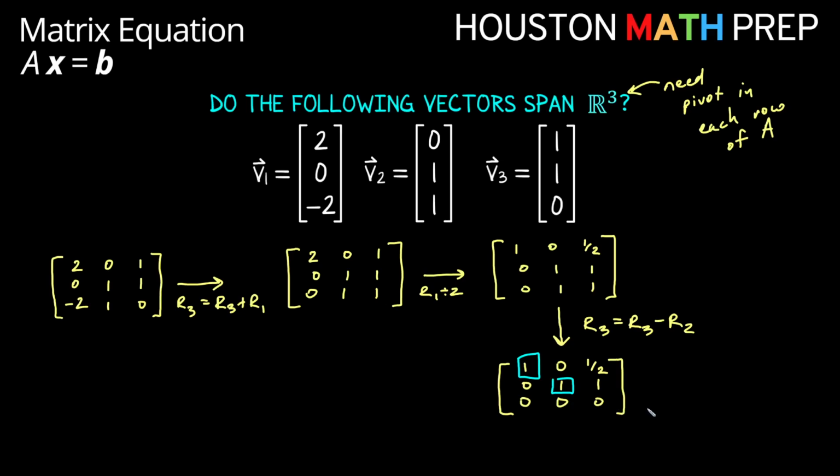In other words, the system being consistent or inconsistent. So it would depend on what we put in the vector B. And so this is not going to span R3. It does depend on the vector that we choose for B. We will be able to span some of R3, certainly with these 3 vectors, but not all of R3.